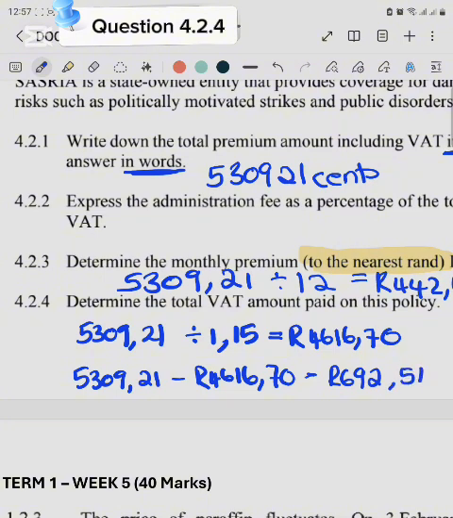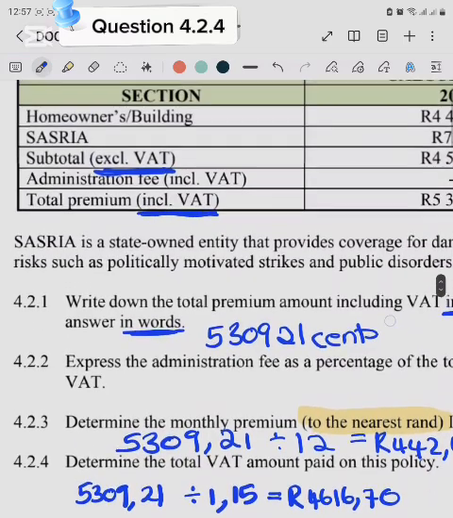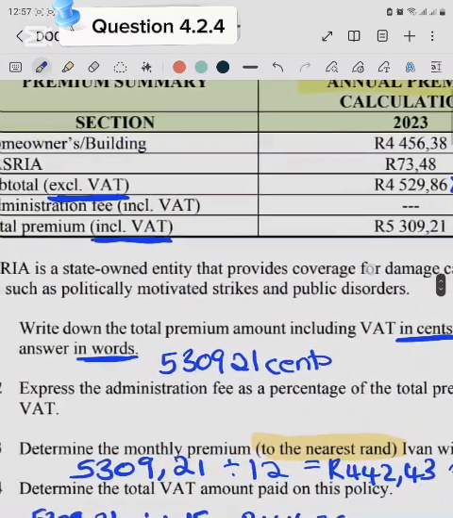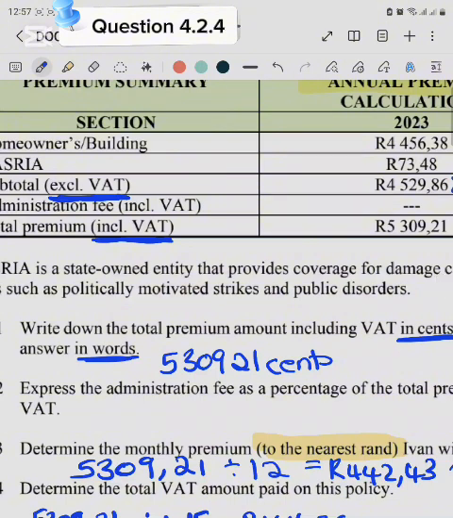The other way you could have done it is, instead of working backwards from the total with VAT, you could have said, well, look, I know what it is without VAT over there, which is 4,529 rand. And then you're going to need to multiply it by 15% and add.